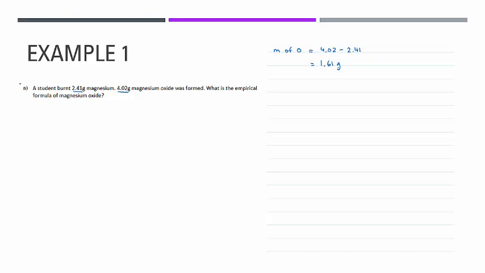Next step is to work out the ratio of the number of moles in this compound. So we're going to do the ratio of the number of moles of magnesium compared to the number of moles of oxygen. That's going to be the mass of magnesium divided by the molar mass, which I'm going to get from the periodic table, and that's 24.31.